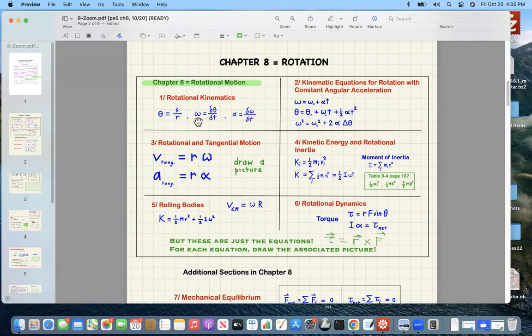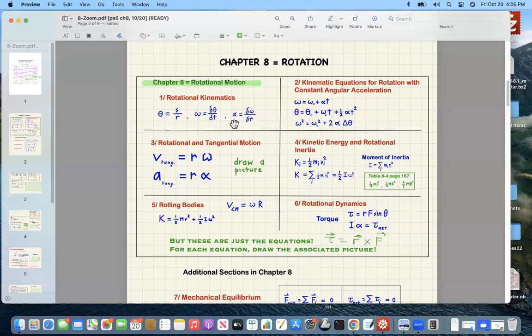And here we'll call it angular velocity, and we'll use the Greek letter omega for angular velocity. It's the change in the angle that occurs over a time delta t divided by delta t. And this is the instantaneous velocity. If I take a small time interval delta t and I consider the ratio with the small angular change that occurs during delta t.